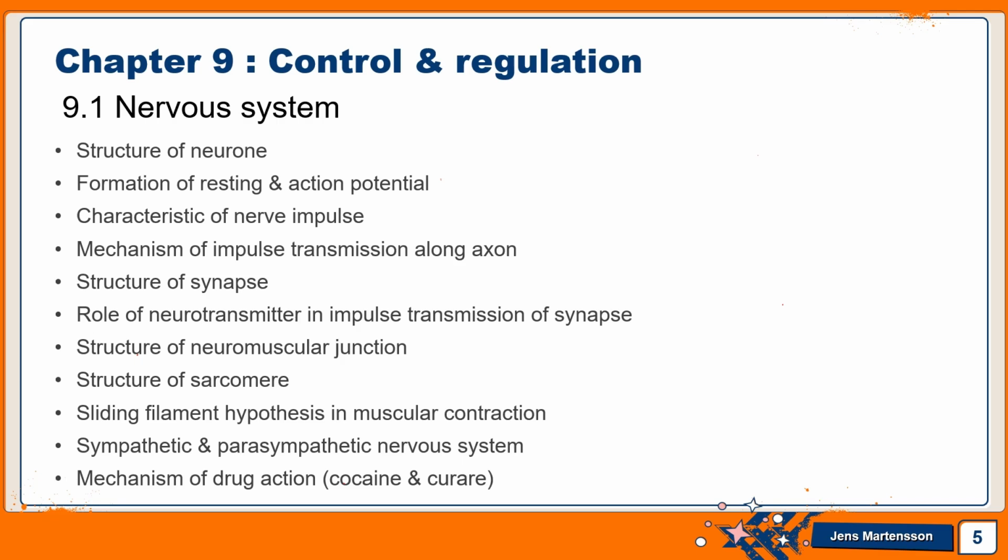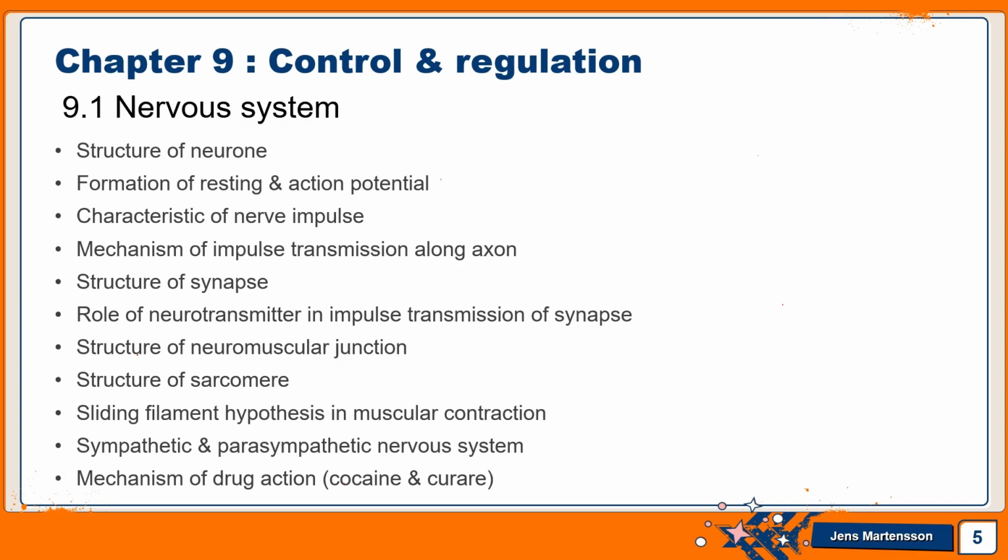So, overall, this chapter is quite difficult because, except for this topic and this topic, which you have learned in SPM, all topics are new. So at the beginning of this chapter, you have to put in more effort in class.